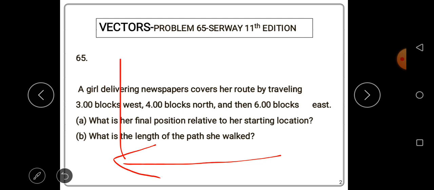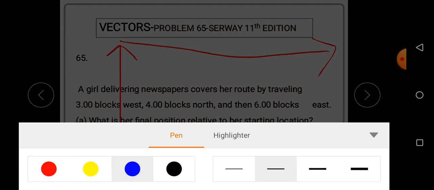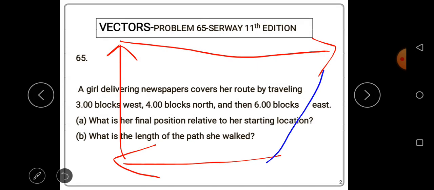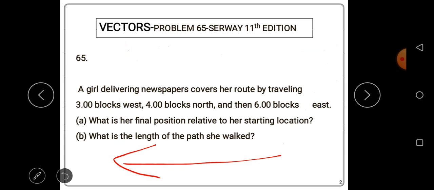Then 4 blocks north, then 6 blocks east. So this is the movement made by the girl. Then our resultant vector becomes this. As I've mentioned, this is our resultant. It is not drawn to scale, but when you draw it to scale, it will give you a perfect diagram. So let's look at the diagram that I've prepared.